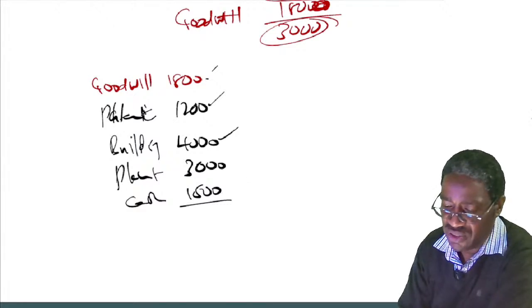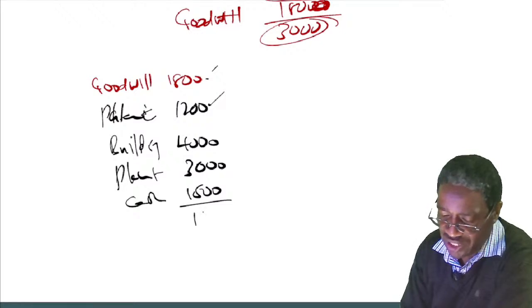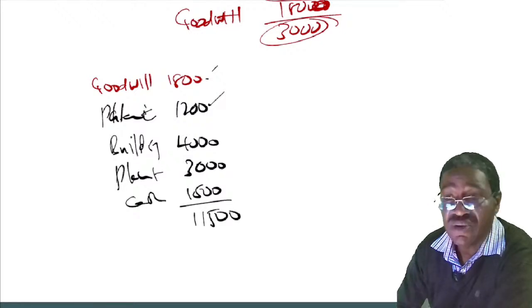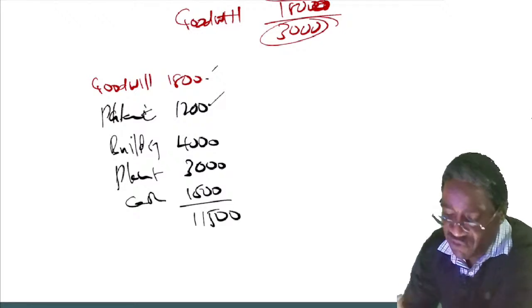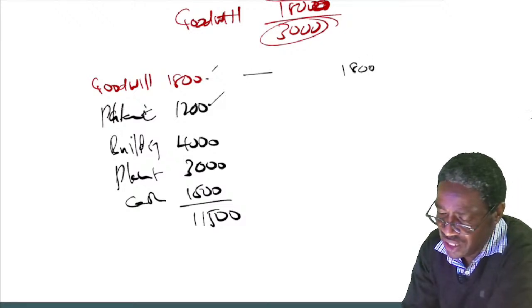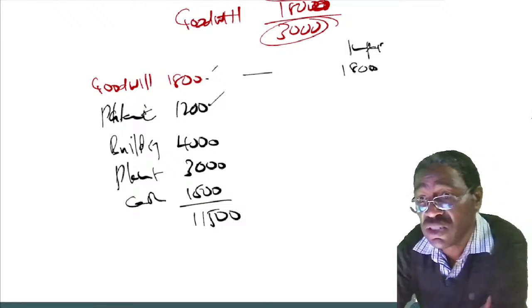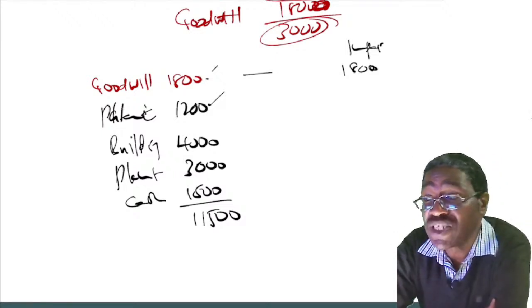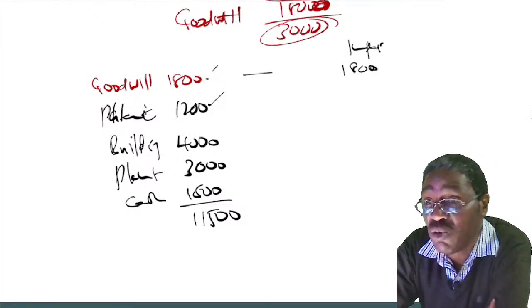Good. Now listen. This is what I said is 11.5. I have told you, remove the goodwill first. That is the loss. From the 4.8 impairment loss, remove goodwill.